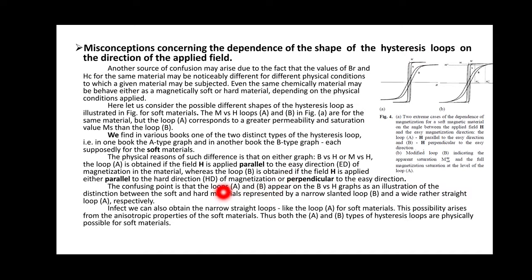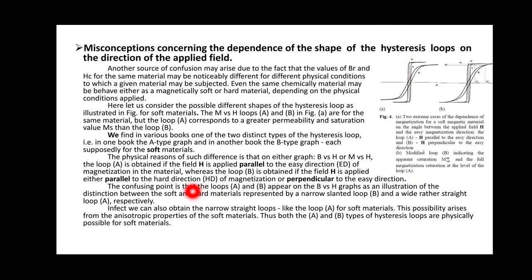So the confusing point is that the A and B loops appear on the B versus H graph as an illustration of the distinction between hard and soft material, but both types of curve can be obtained for soft material.